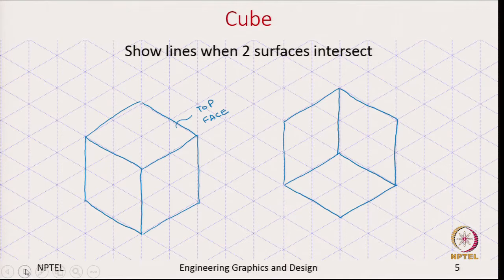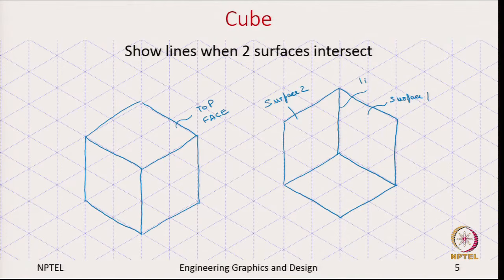So, the important point to note here is these lines represent where 2 surfaces intersect or when 2 surfaces meet. So, for example, this line represents when this surface 1 and surface 2 meet.